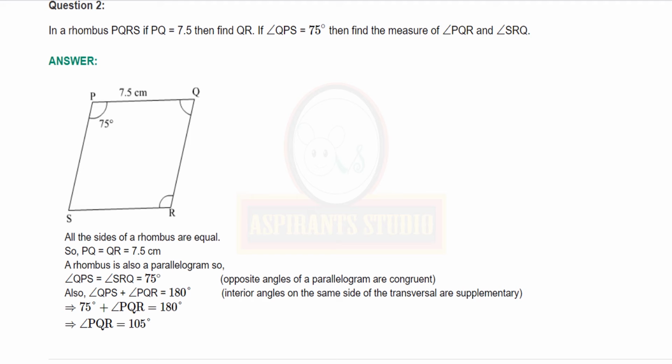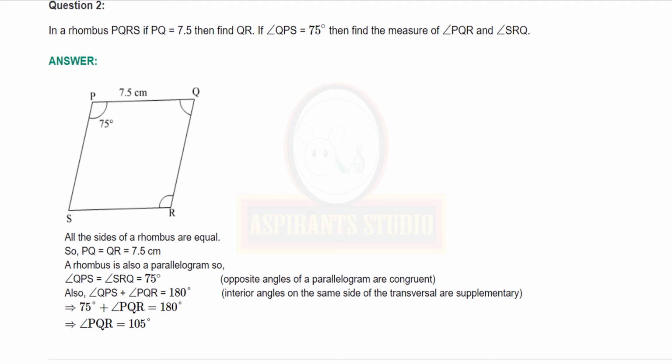So PQ is equal to QR is equal to 7.5 centimeters, since you are given PQ is equal to 7.5 centimeters. So QR also will be 7.5 centimeters. A rhombus is also a parallelogram. So measure of angle QPS is equal to measure of angle SRQ because opposite angles of a parallelogram are congruent.